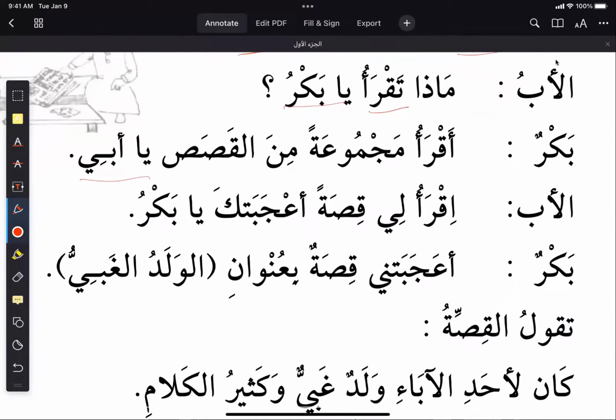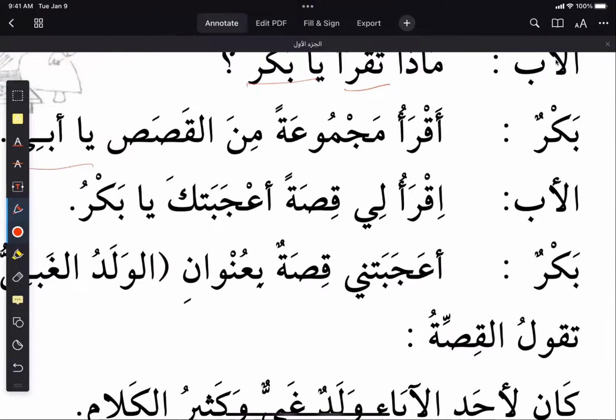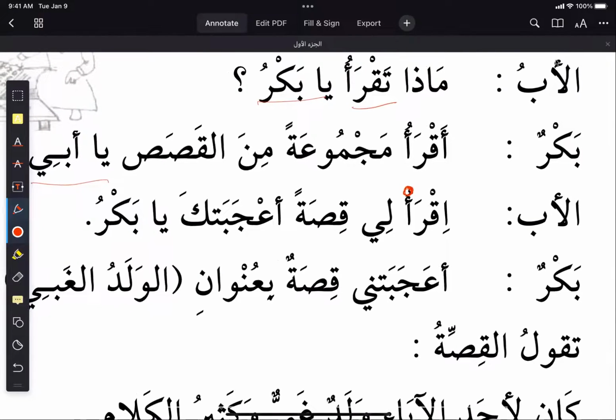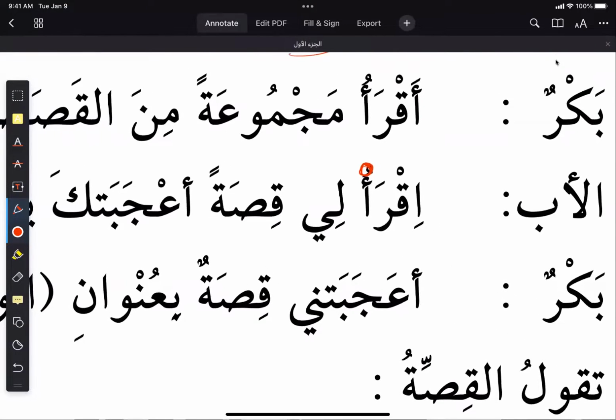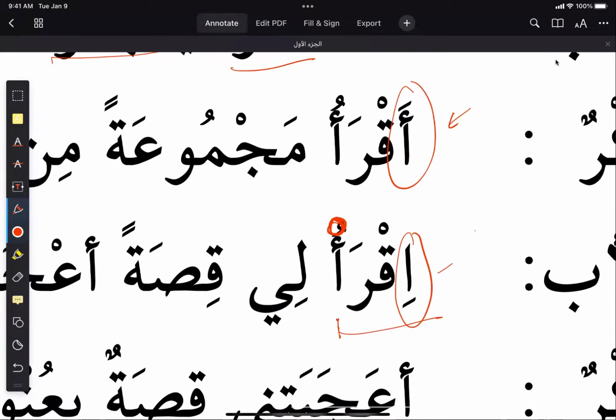Then the father says, Iqra. This is a mistake. It should be a sukun here. Okay, it should be a sukun. Iqra is a command verb, right? Read. Okay, so you understand? One way you can find whether it's a command verb or not: the first one, you think they're the same. They are not the same. This is hamzatul wasl, and this is hamzatul qat'. You can think of the weak hamza, and hamzatul qat' means strong hamza.